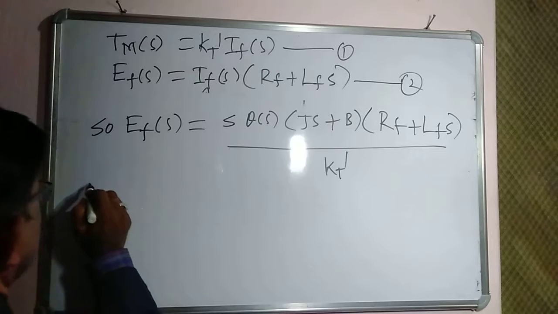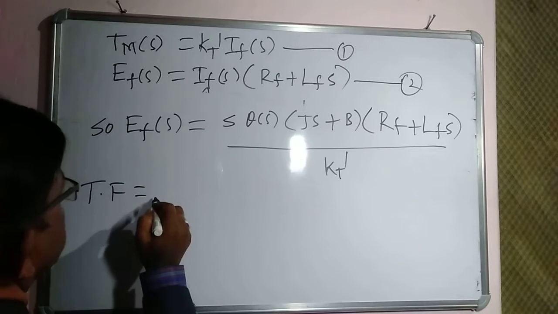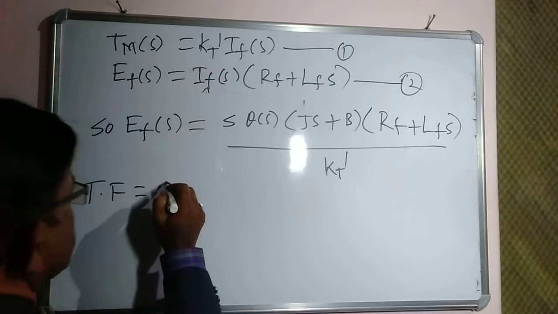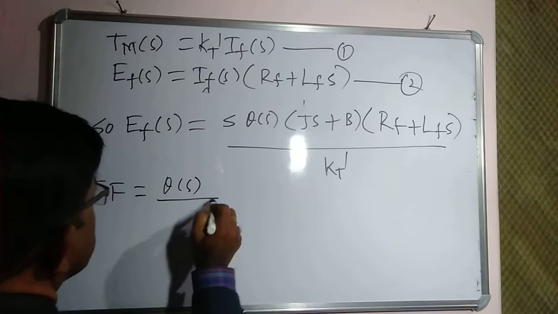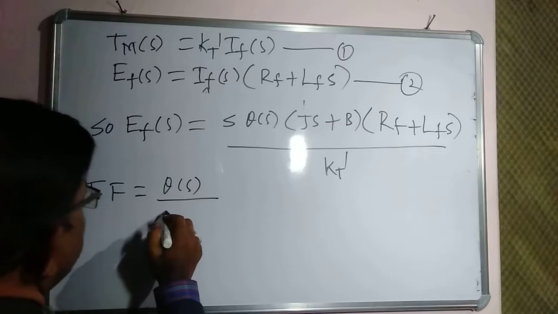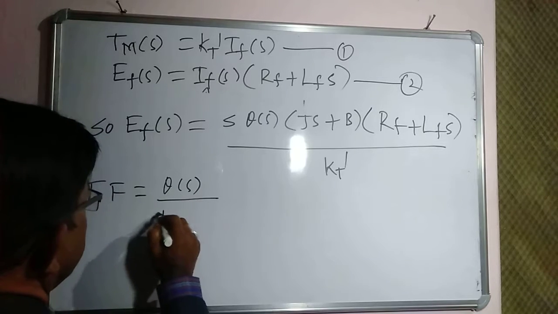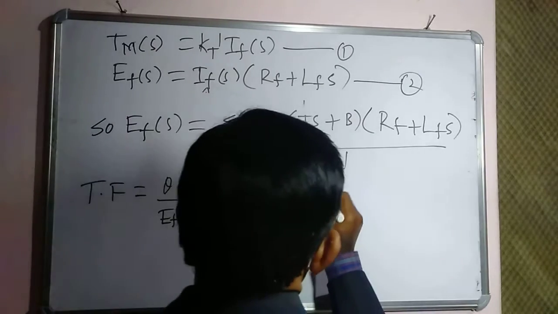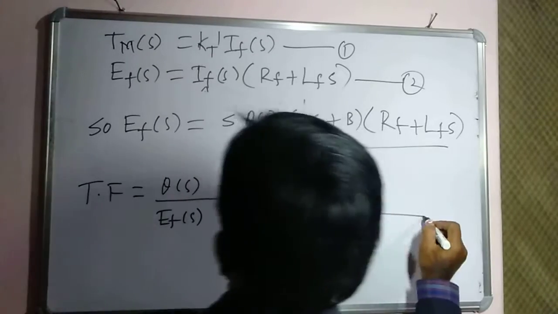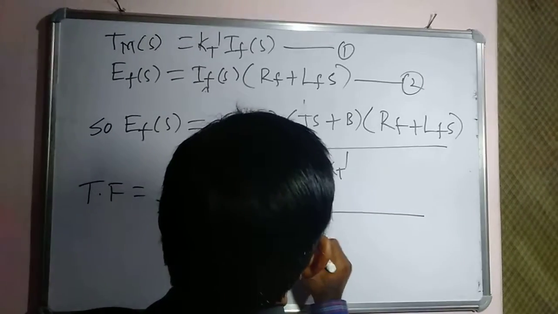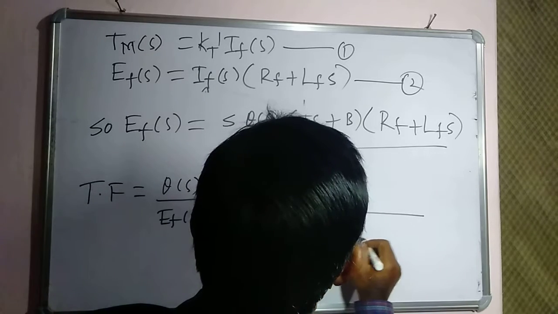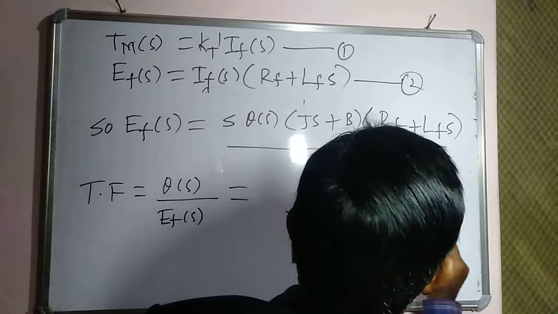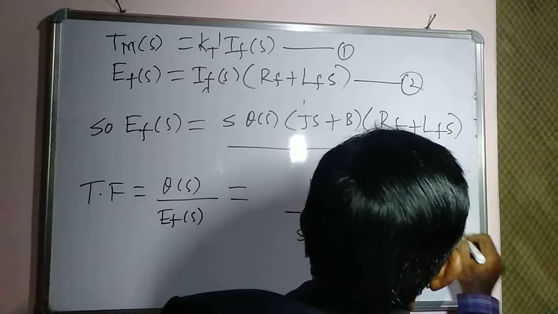So transfer function is equal to output, the angular displacement theta of s, over input, the control voltage or excitation voltage Ef of s, which is equal to Kt dash divided by s into Js plus B into Rf plus Lf s.